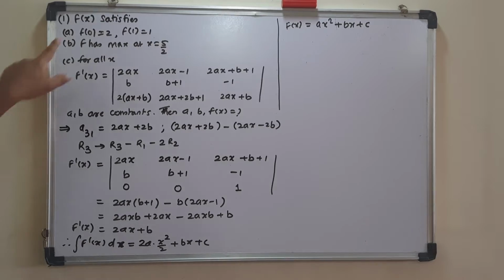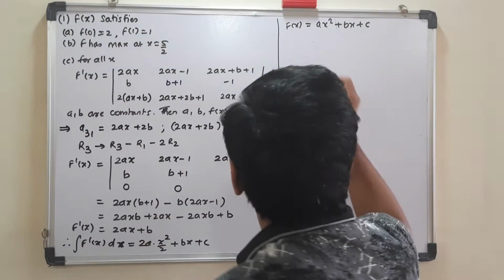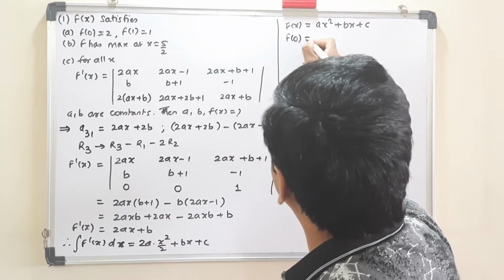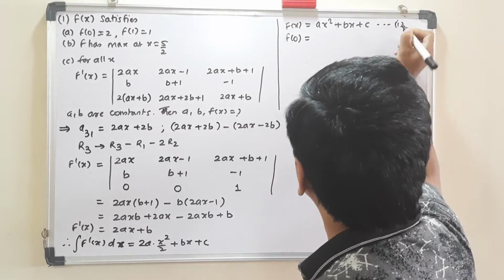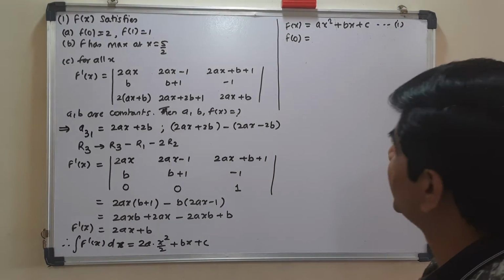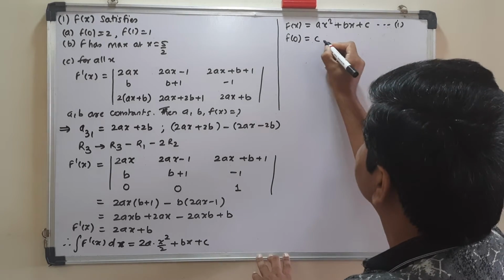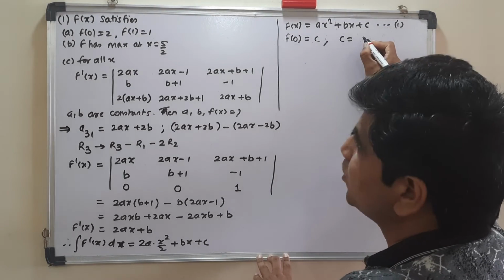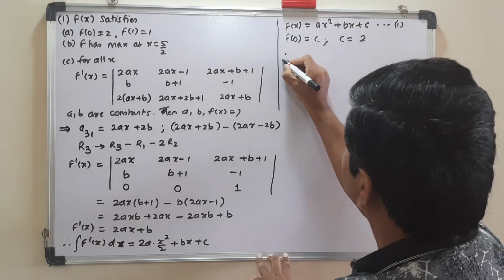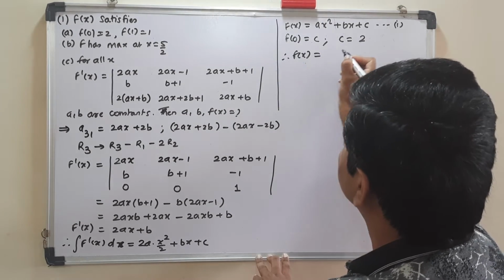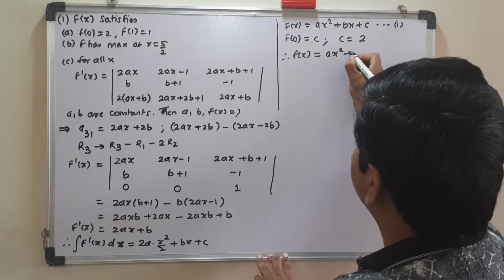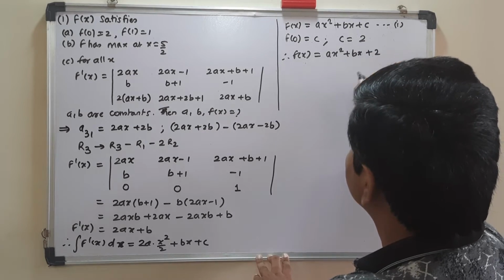Now I have two values which have been already given to me. So now function of 0, let this be my first one. When I take function of 0, it will give me c, which means the value of c will obviously be 2. Therefore your function of x now turns out to be ax square plus bx plus 2.